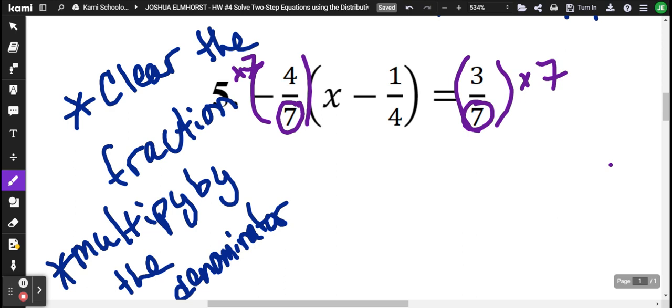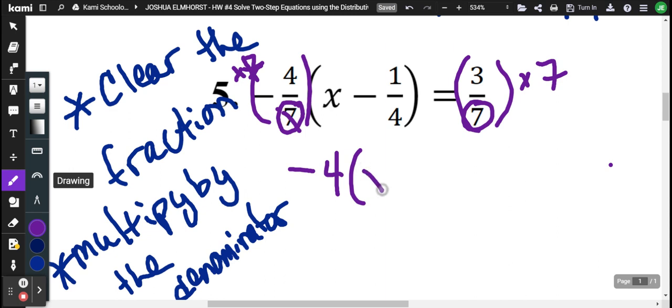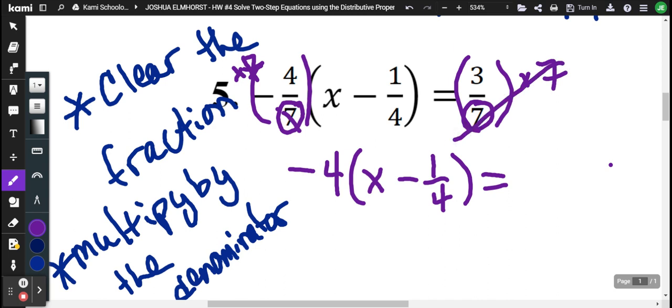We're going to just do it here before we distribute it. So 7 times 7 divided by 7, we're going to be left with negative 4x, or negative 4 on the outside, times x minus 1/4. And this will cancel over here, and then you're left with 3.